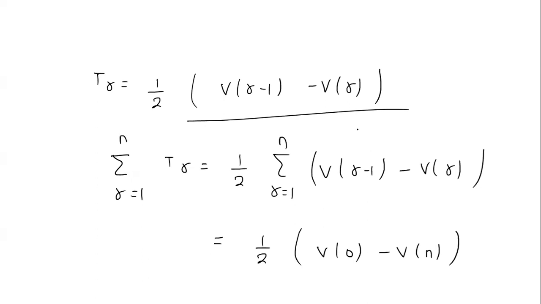In the problem, we have to find the sum of infinite terms, but first of all, let's find the sum of n terms. What is the sum of n terms? Like t1 plus t2 up to tn, which we can write as summation r is equal to 1 to n of tr. We know tr is v of r minus 1 minus v of r, and the half factor we can take outside, with the sum from r is equal to 1 to n.